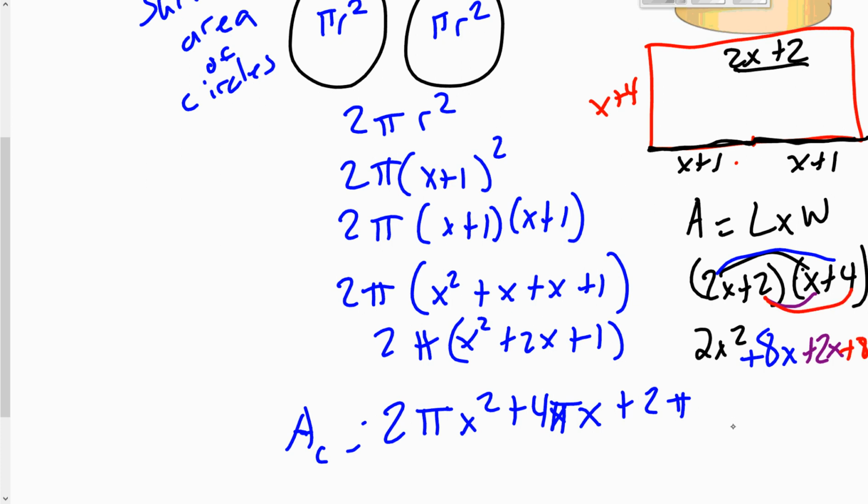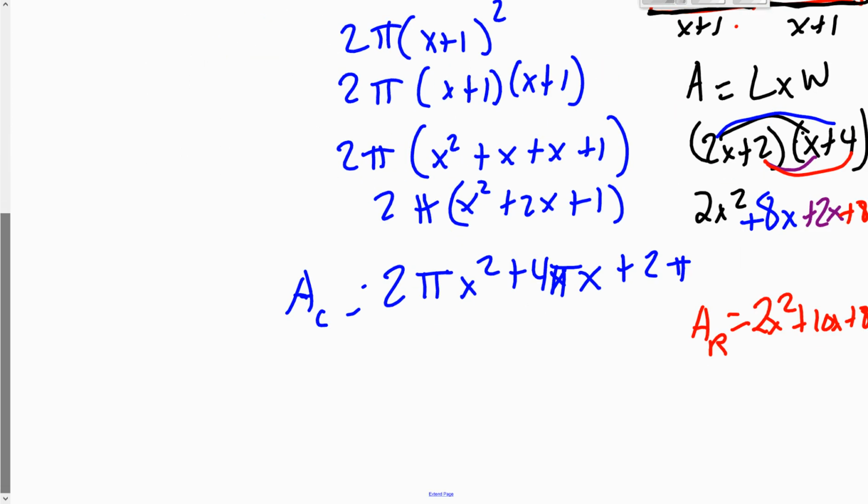Combine like terms, so I get the area of the rectangle, it's not a square, it's a rectangle, is equal to 2x squared plus 8x, or 10x really, because I combine like terms, so I get 10x plus 8. And now the surface area would be all these total, right?